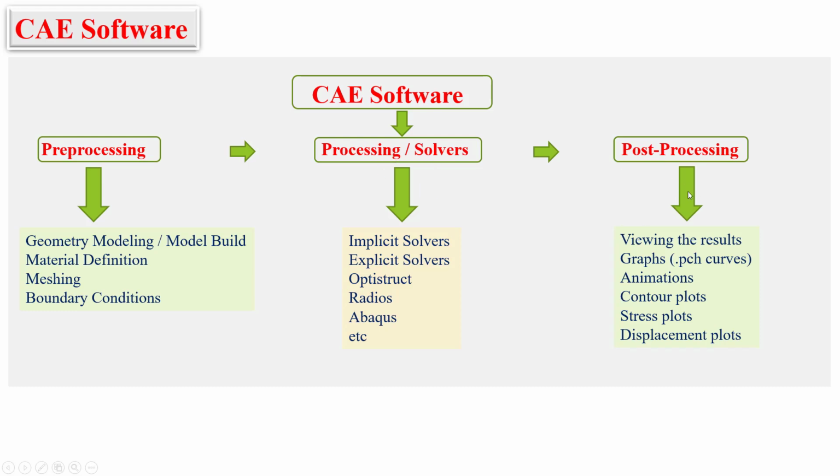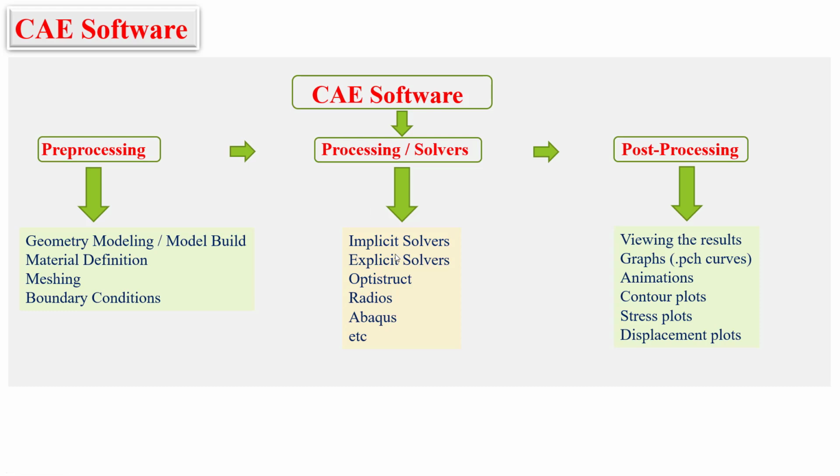For post-processing also we have independent and standalone tools, and we also have tools where we can model and run the analysis, for simple, not complex, geometries, like single components or simple assemblies, like SolidWorks Simulation. And even with the Siemens NX tool, we can do everything in one software.